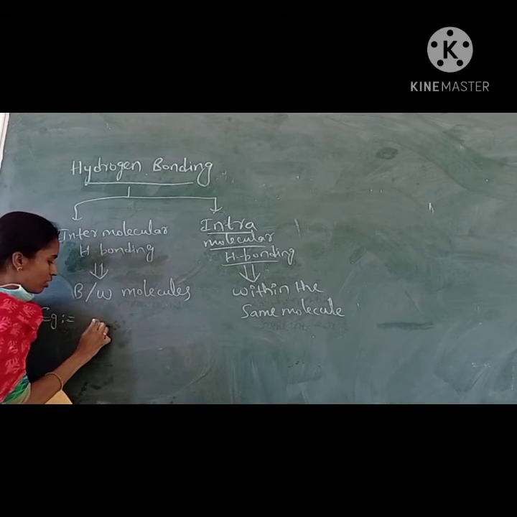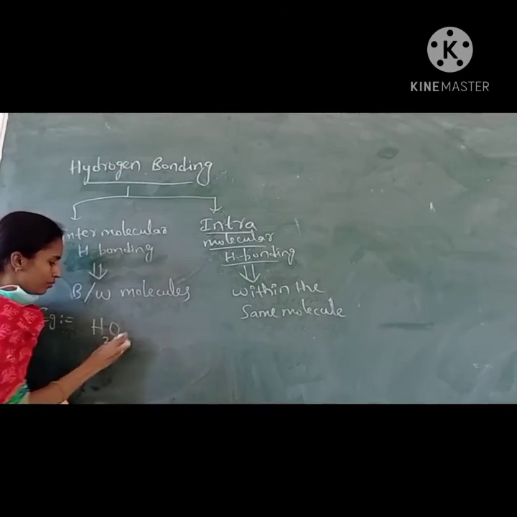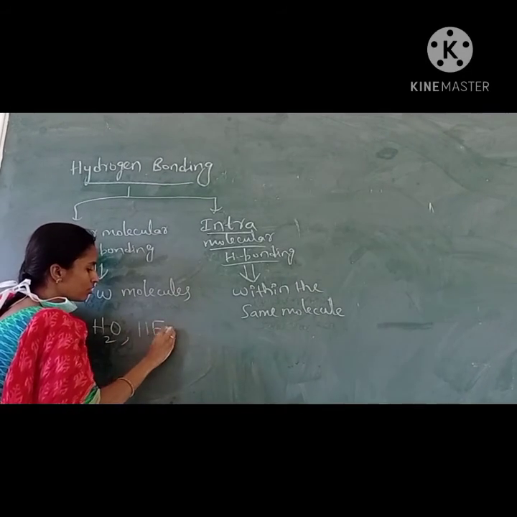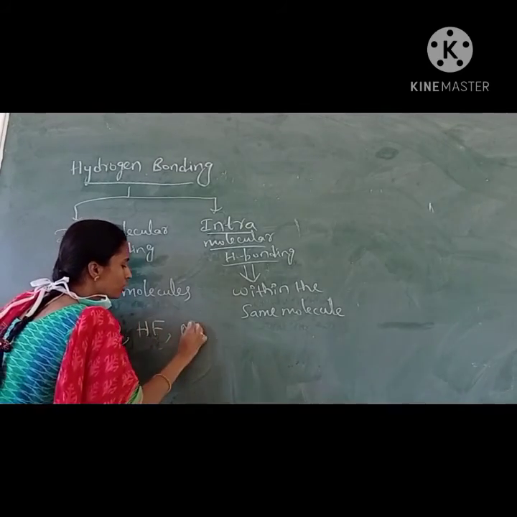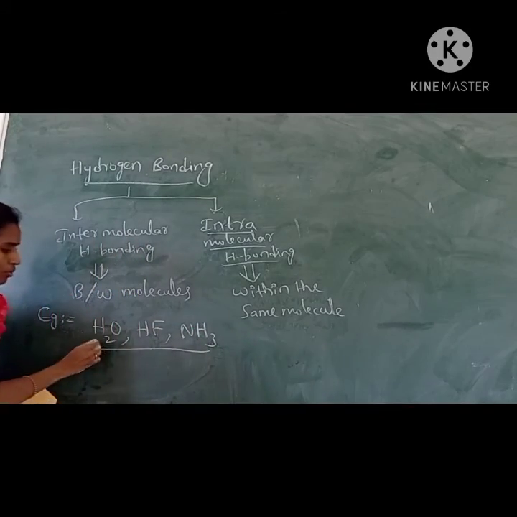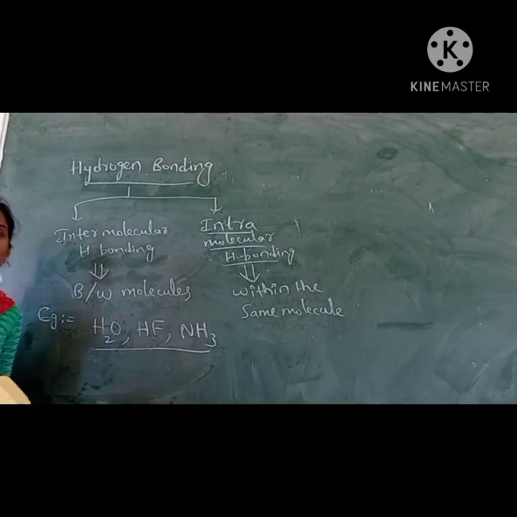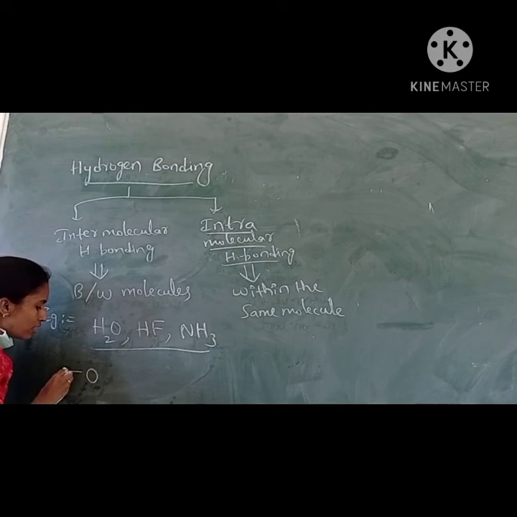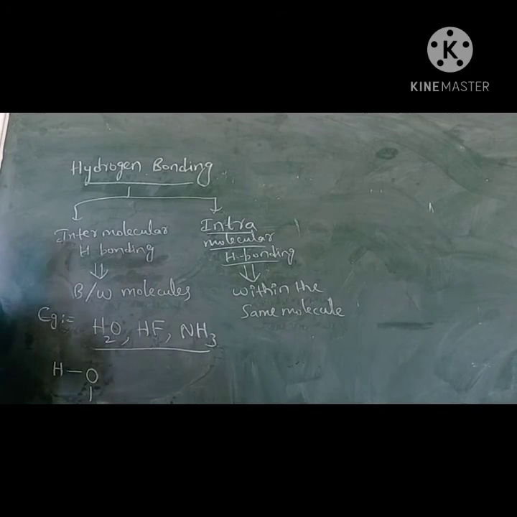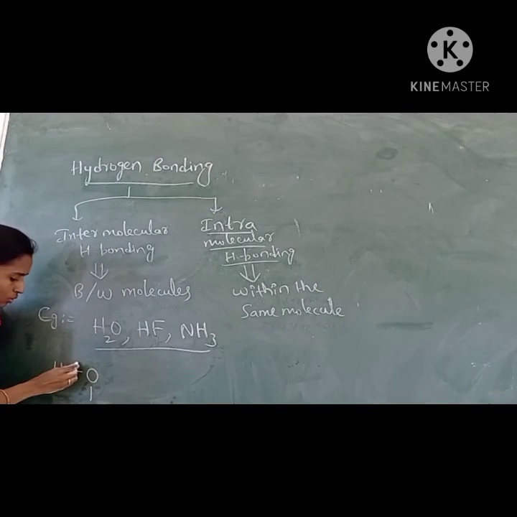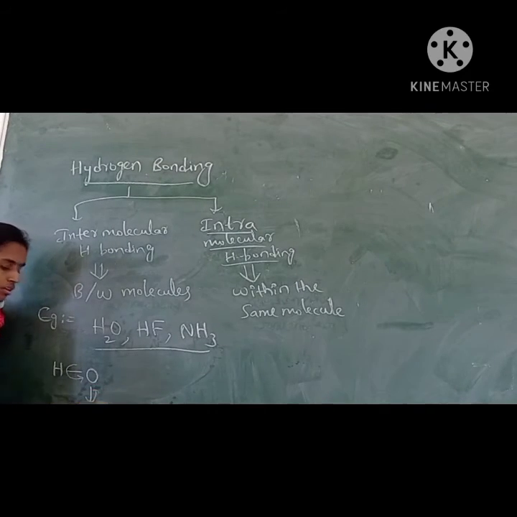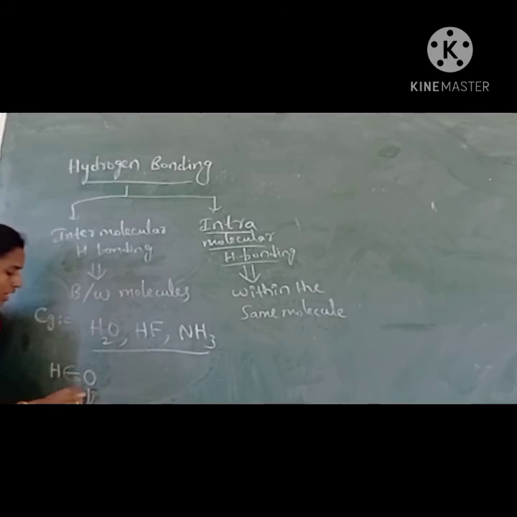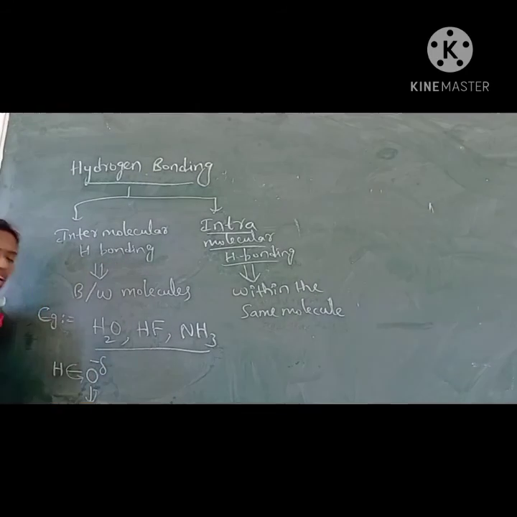Water, H2O, HF, and NH3 are examples of intermolecular hydrogen bonding. The structure of water is like this. Oxygen is more electronegative, so it attracts the electron pairs towards itself and gets a partial negative charge.